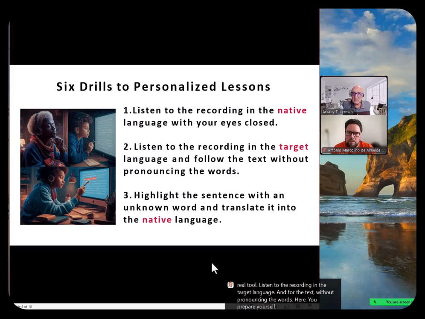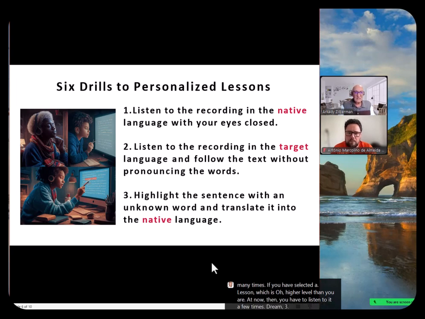And each drill is done a few times, sometimes many times. If you have selected a lesson which is of higher level than you are at now, then you have to listen to it a few times. Drill 3.